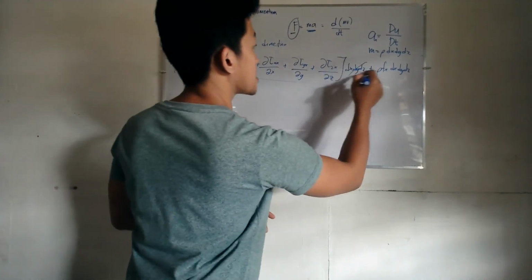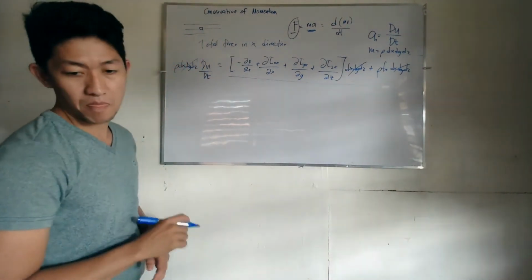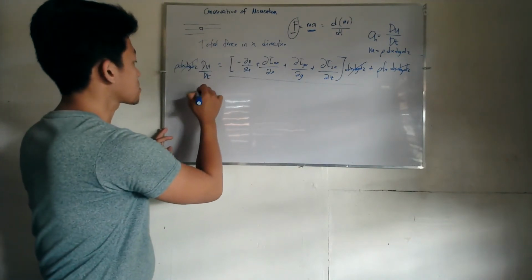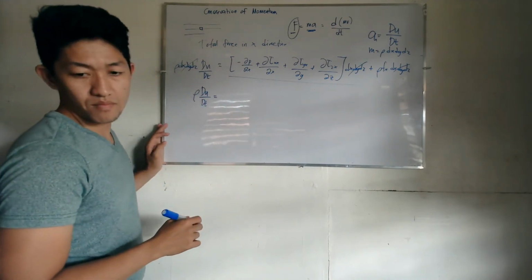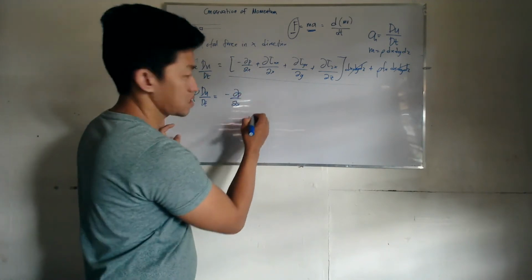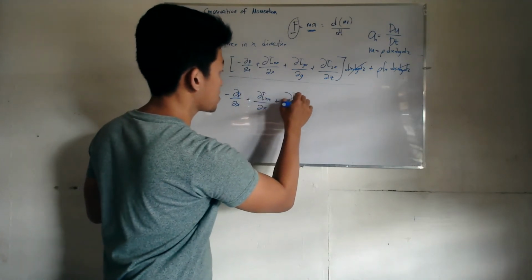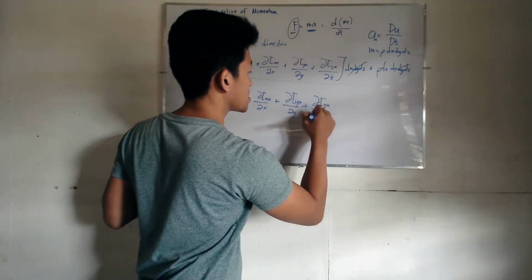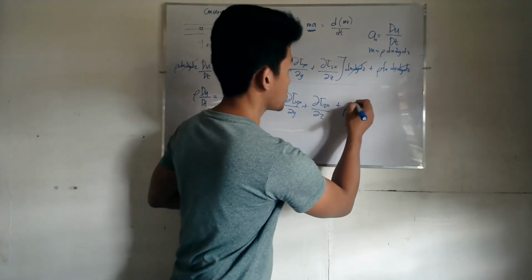So cancel this. What remains? You have rho du dt equal to negative partial of p partial x, plus partial of tau xx, plus partial of tau yx, plus partial of tau zx with respect to z, plus rho fx.